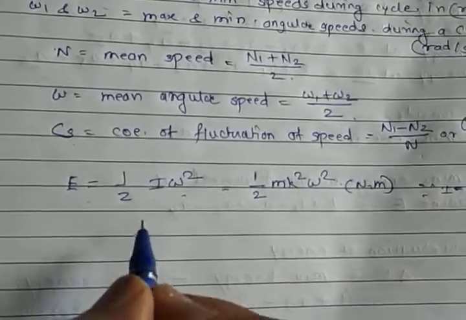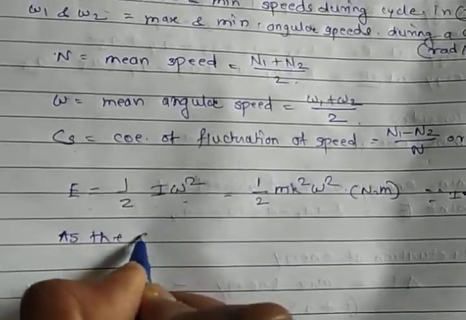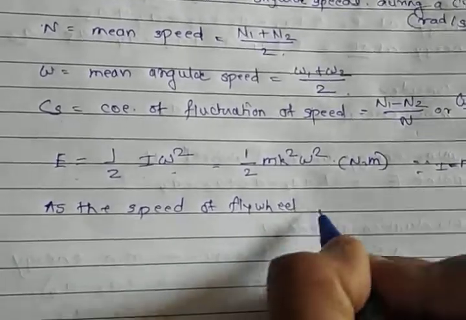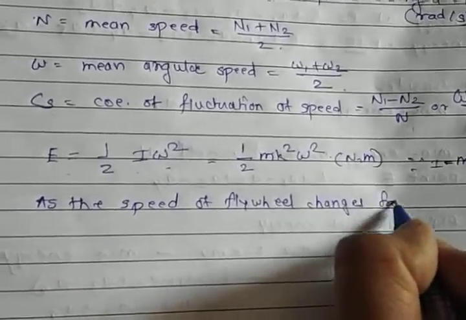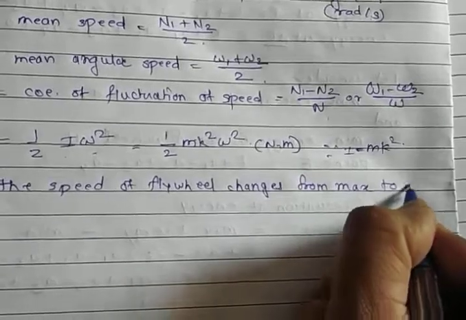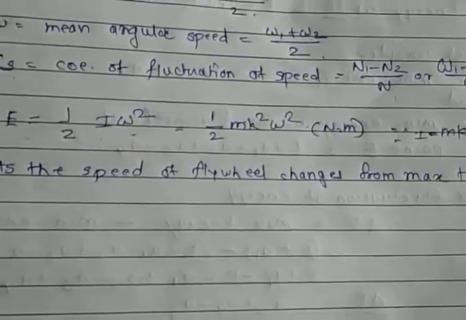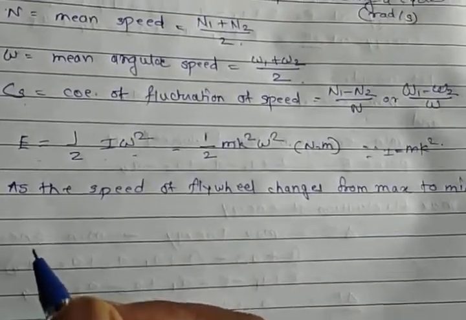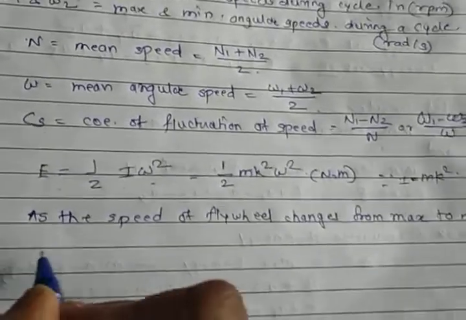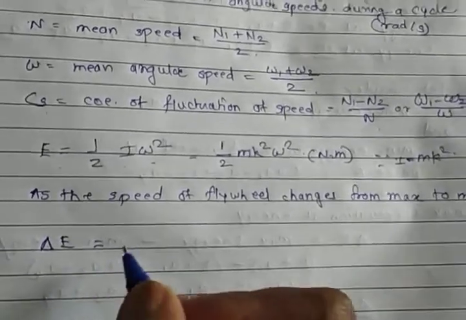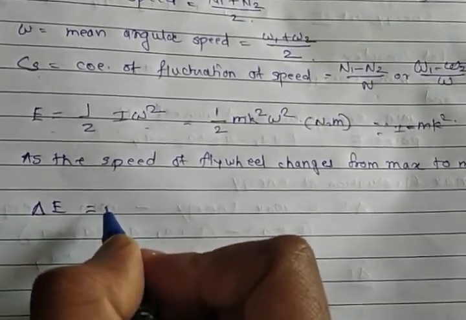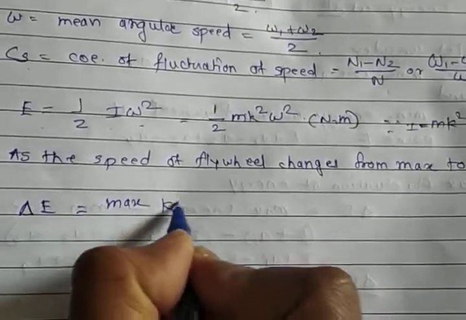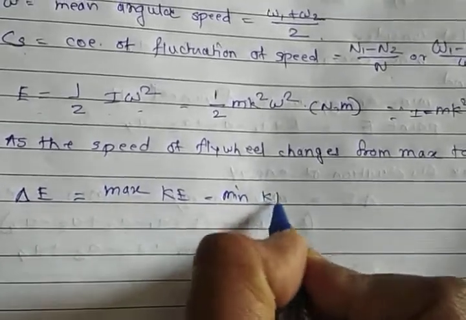As the speed of the flywheel changes from maximum to minimum during the cycle, because sometimes energy is absorbed and sometimes energy is released, delta E, the maximum fluctuation of energy, is the maximum kinetic energy minus the minimum kinetic energy.